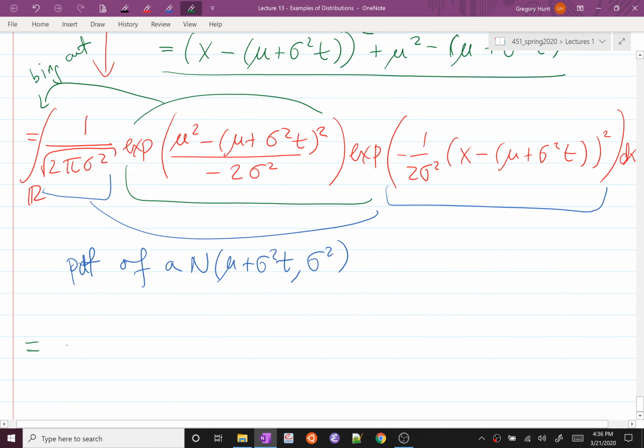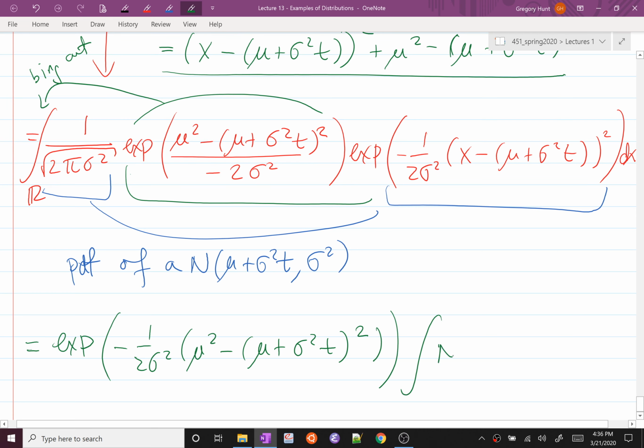So we'll get exp. Okay, what am I left with? Negative 1 over 2 sigma squared, mu squared minus mu plus sigma squared t squared, close paren, and then the integral of, basically I'm going to write it this way, of a normal mu plus sigma squared t, sigma squared.